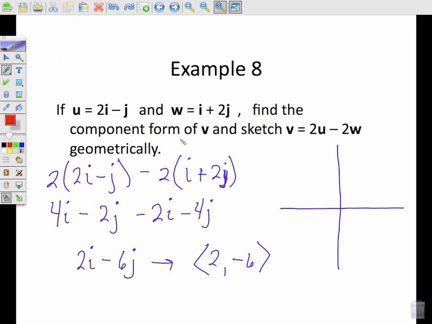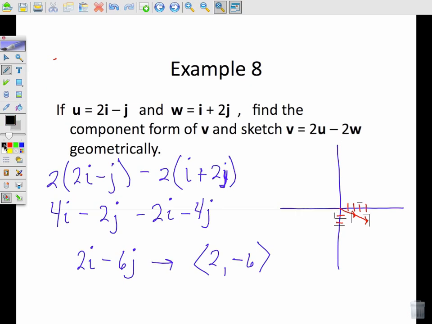all right, here's how I'm going to sketch this. We're going to sketch 2i minus j. 2i would be over 2, down j is down 1. All right, so there's a u. If I want to do another u, I go over 2 again and down 1. So this is 2u right there.